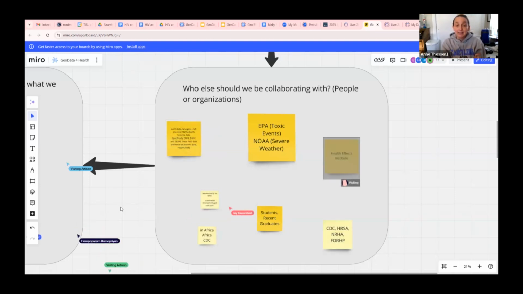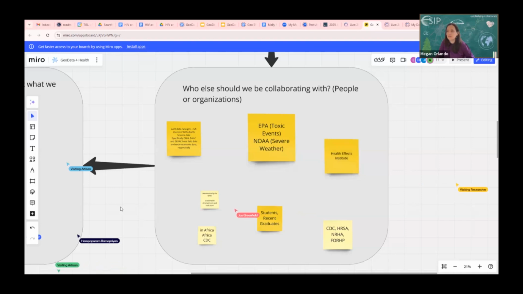Okay, it looks like the activity has somewhat died down. I'm seeing NASA, EPA, NOAA, the World Health Organization, CDC. I'm not sure what some of these acronyms are, but that's what Google is for.